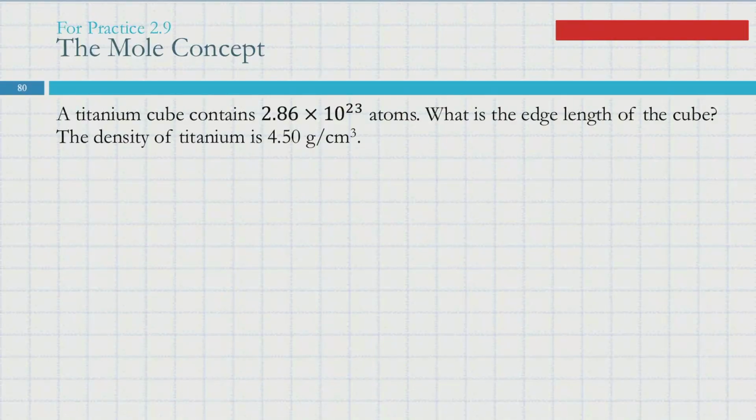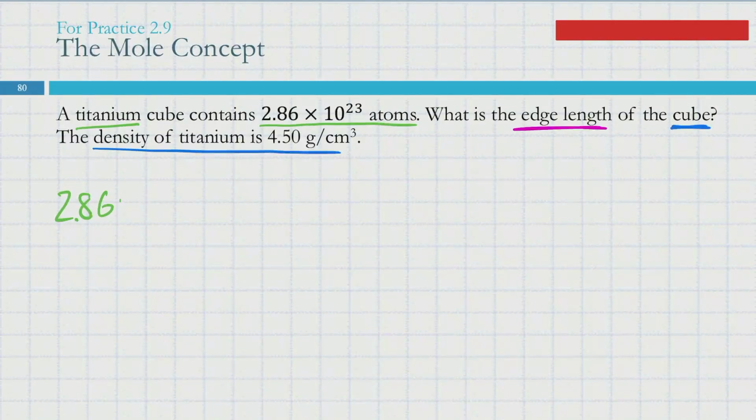All right, so we were trying to find the edge length of the cube starting from a number of atoms. We know that it's titanium. We're given a density of titanium. We're told that it's a cube. That's important. We're finding the edge length. Okay, so starting with atoms. 2.86 times 10 to the 23 atoms.